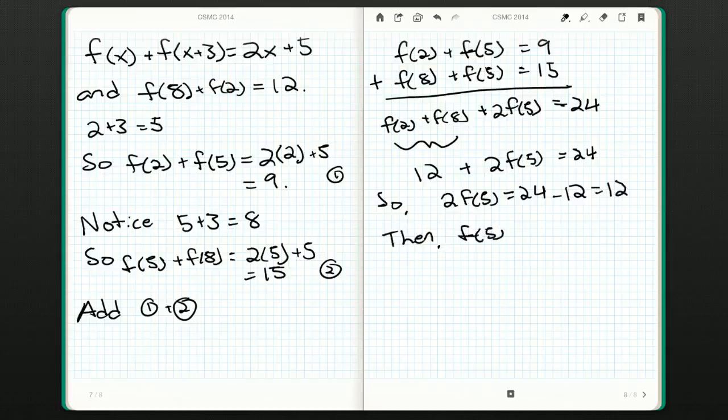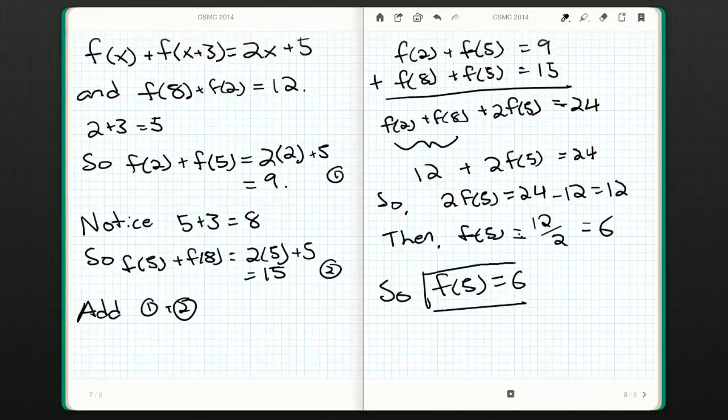So if we want to just talk about a single f of 5, which we do, that's going to be our final answer. We have to divide both sides by 2. We've got 2 f of 5s equal 12, so we divide by 2 here, we get f of 5. And we do 12 divided by 2 on the other side, and we get 6. So we get f of 5 equals 6. And that's our final answer.